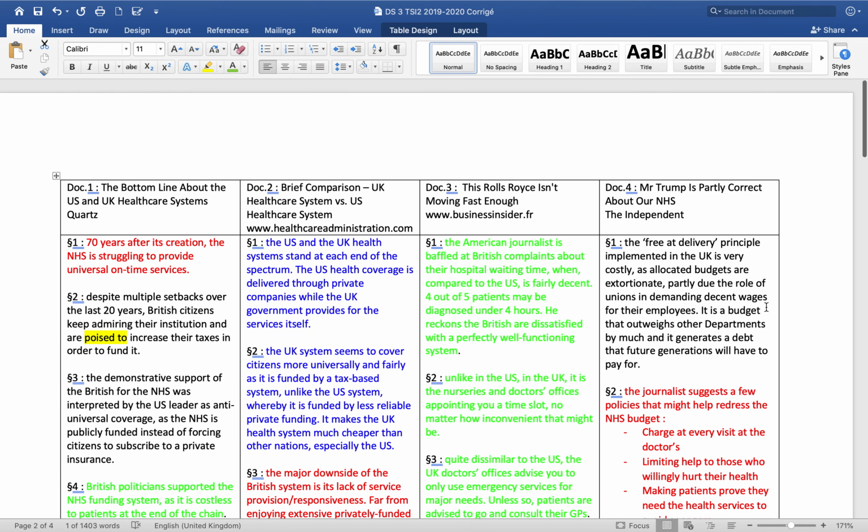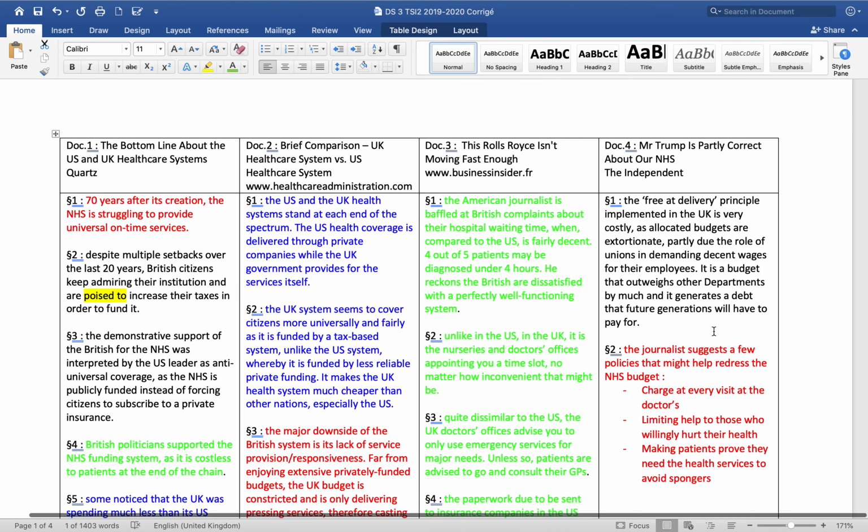Okay. And the last article was from someone in Britain, because that was a British newspaper, criticizing the system, where it says Mr. Trump is partly correct about our NHS. So partly only, okay? The system is okay, but there are limitations.